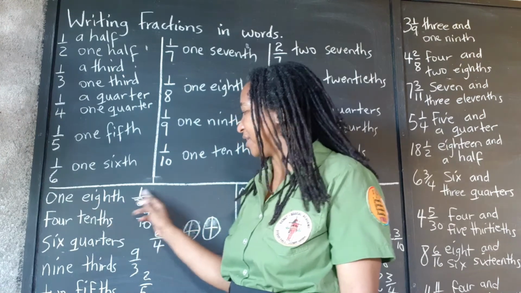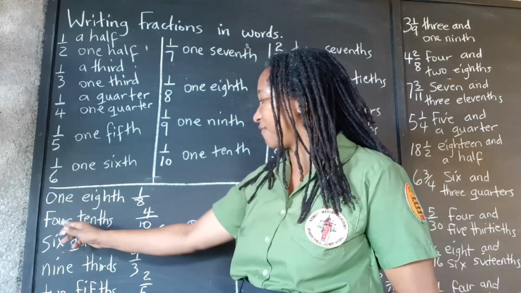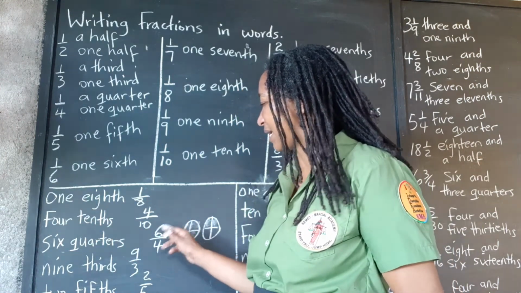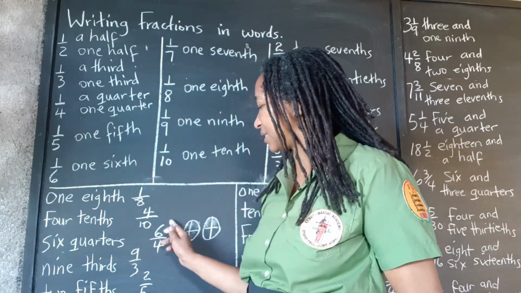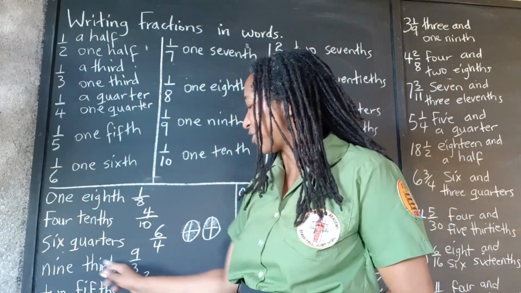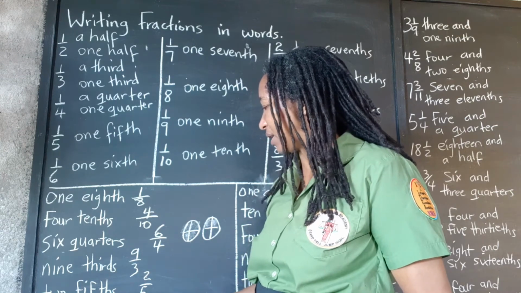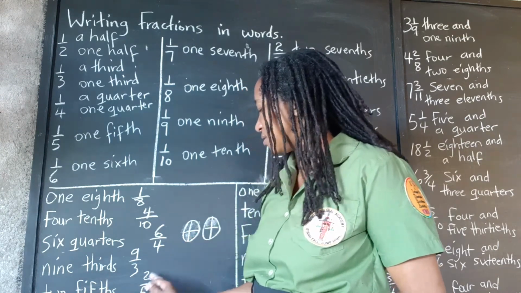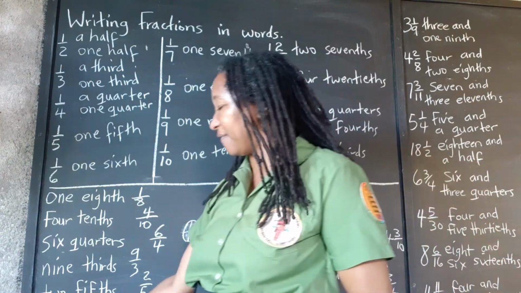And one eighth is written as 1/8, 4/10, 6/4, 9/3, 2/5, 11/20.